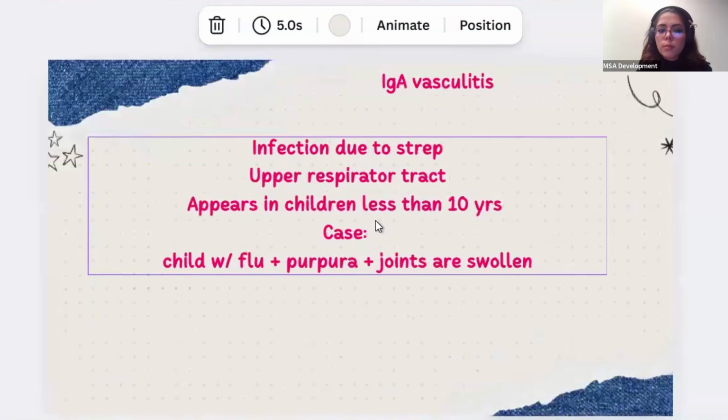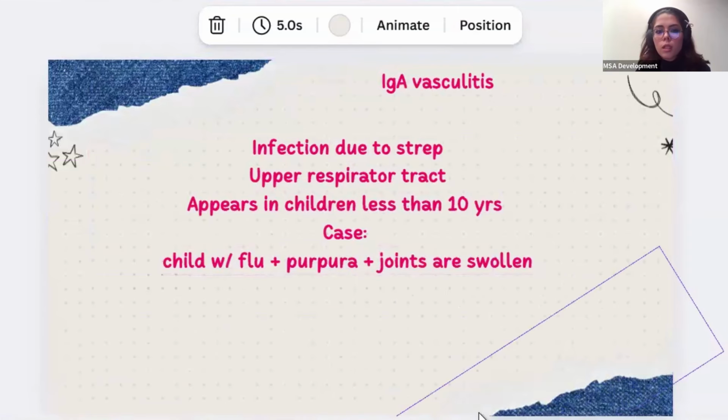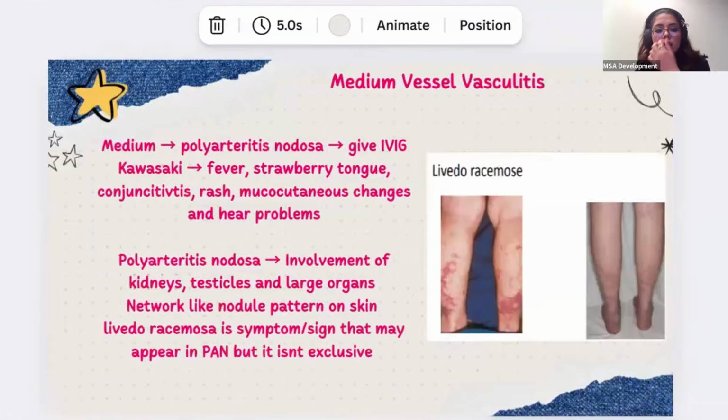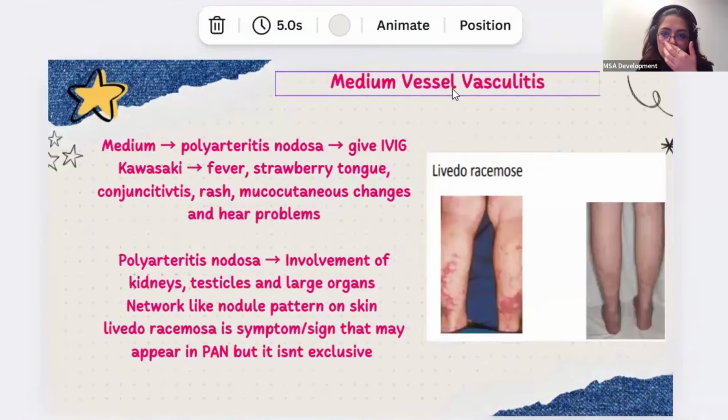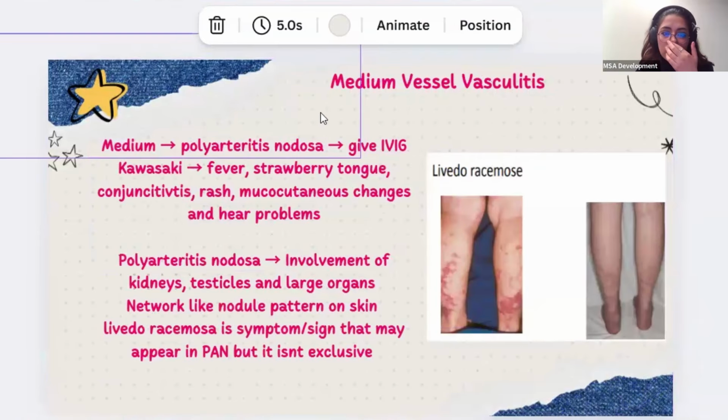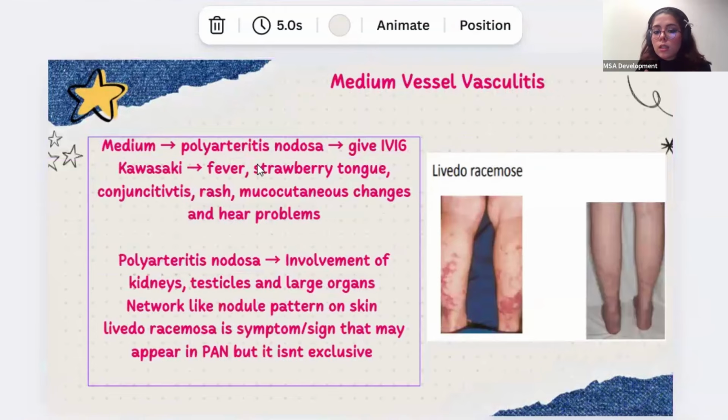IgA vasculitis follows an infection due to strep in the upper respiratory tract, and appears in children less than 10 years of age: a child with flu, purpura, and swollen joints. Medium vessel vasculitis, which was asked before, includes polyarteritis nodosa and Kawasaki disease. Kawasaki disease is seen in children, with fever, strawberry tongue, conjunctivitis, rash, and mucocutaneous changes.